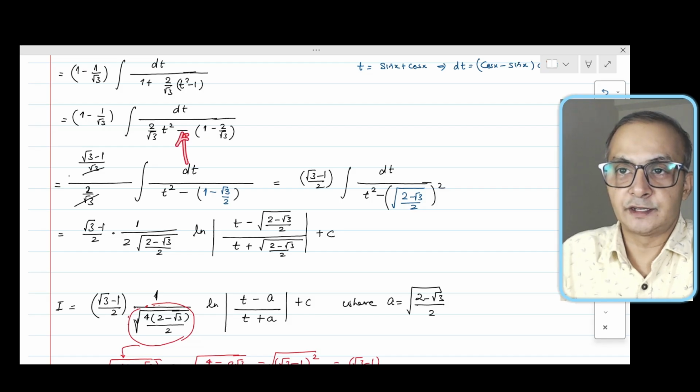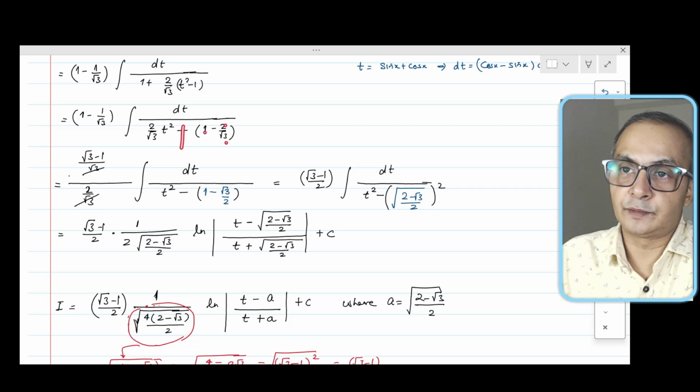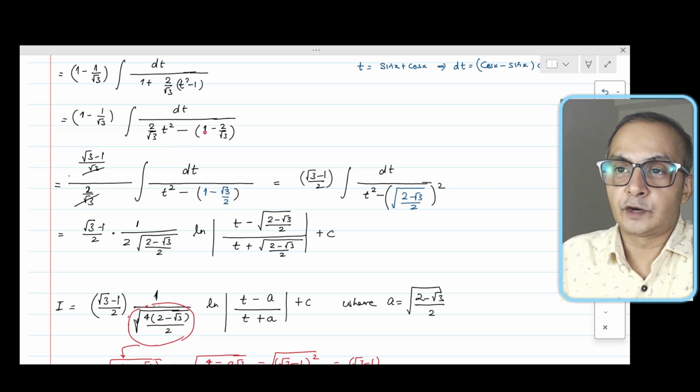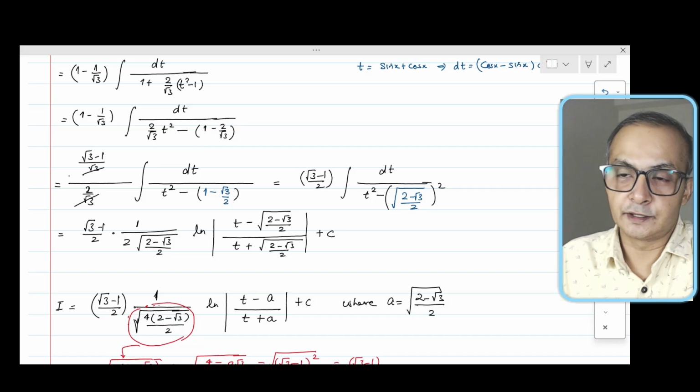Otherwise, many students made the mistake that they take the plus sign here. Then what will happen? They assume that this is positive and this is again a positive quantity, and they end up with the tan inverse x formula. But it's not the case. We have to be very careful because 1 minus 2 by root 3 is a negative quantity.